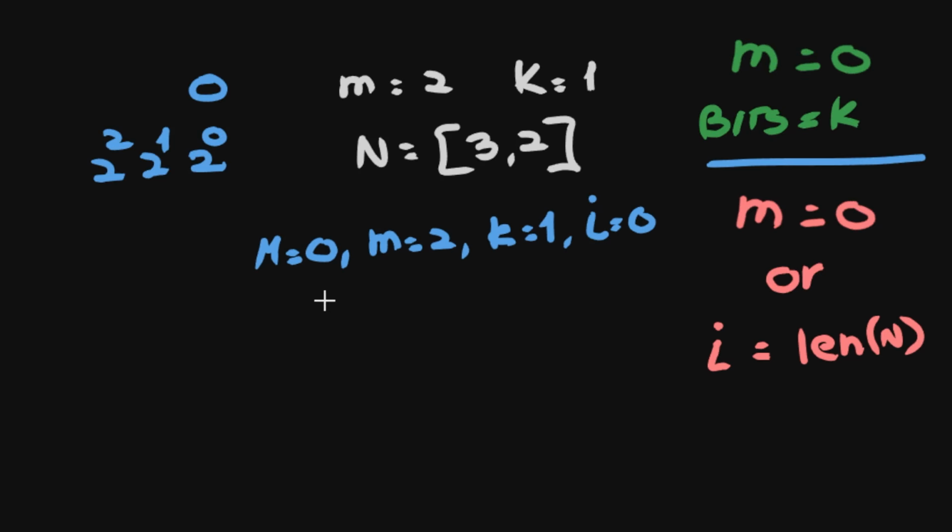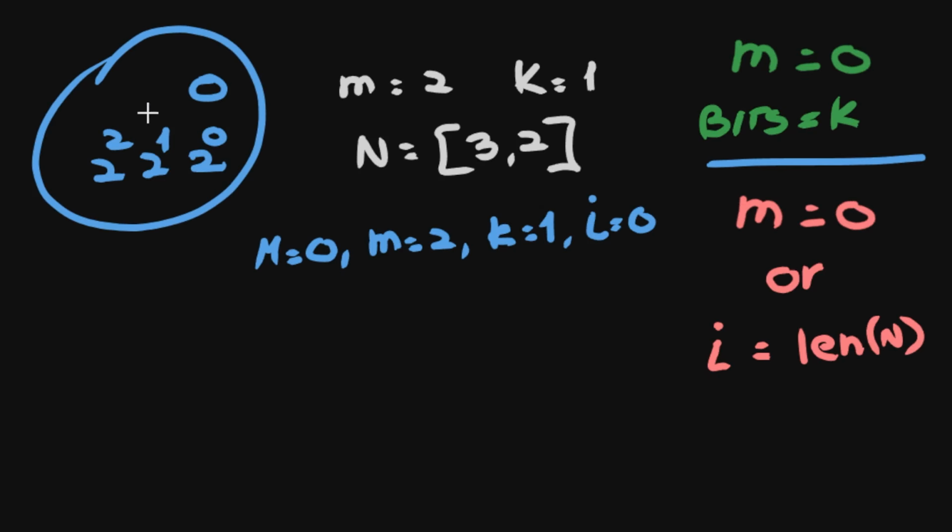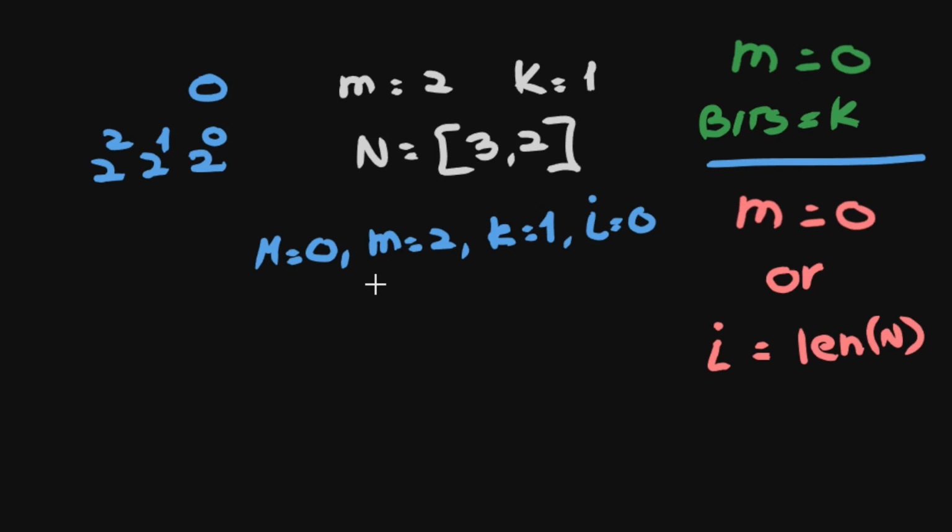Now we need to carry a state with us, and this is the state. We have a mask. Here we are keeping track of the binary representation of the mask, and m is initially 2. These are the remaining elements to fill a sequence. So initially we need to fill 2.